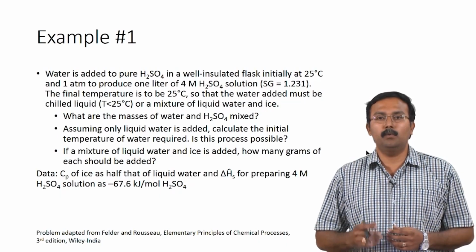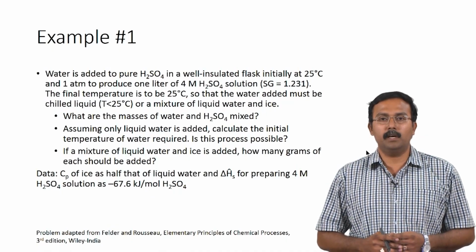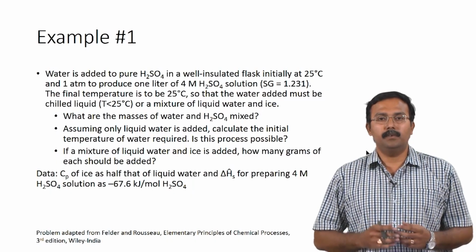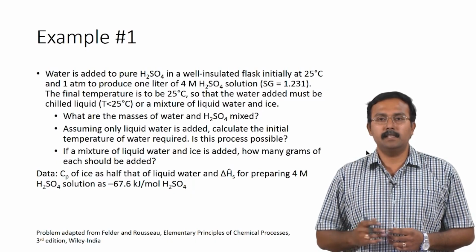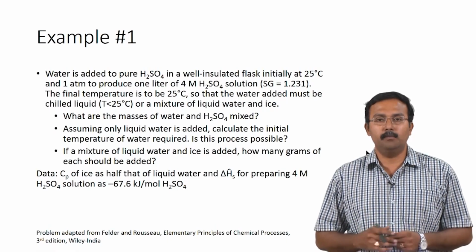Assuming only liquid water is added, calculate the initial temperature of water required. Is this process feasible? If a mixture of liquid water and ice is added, how many grams of liquid water and how many grams of ice need to be added?